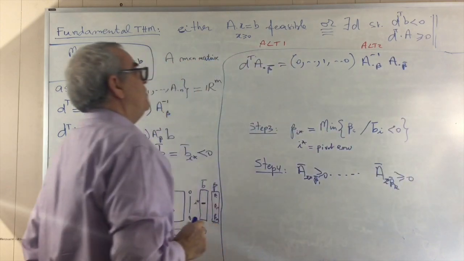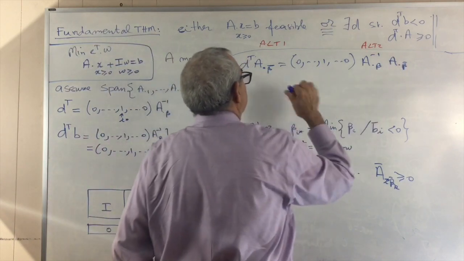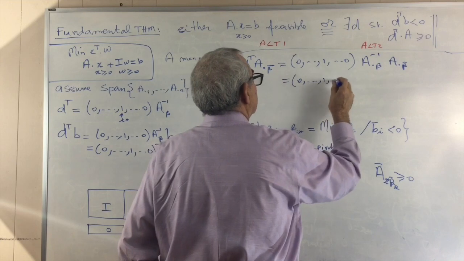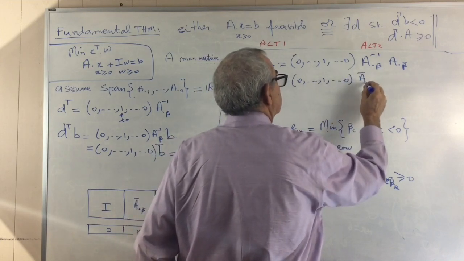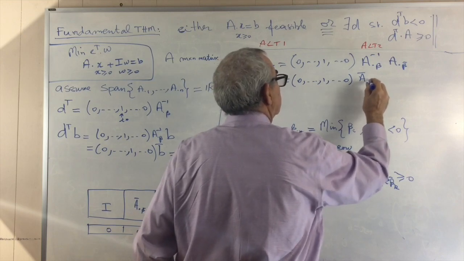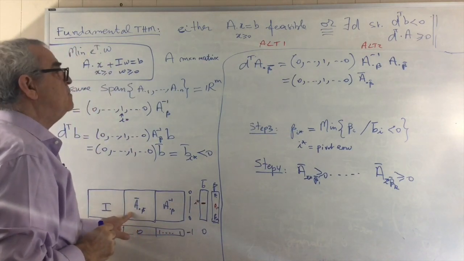By definition, that's A bar of dot beta bar, from the formula of the simplex tableau.